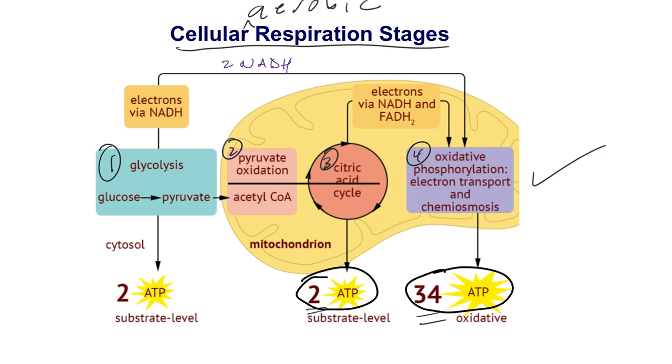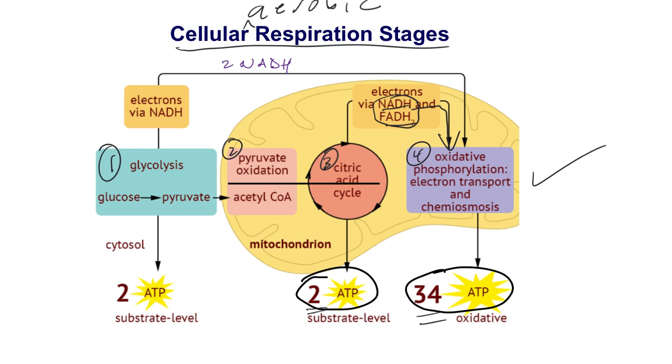But you make a bunch of NADH2 and FADH2, which will be converted in the 4th stage into ATP. That's why you get so much ATP, because those guys will get cashed into ATP in the 4th stage.